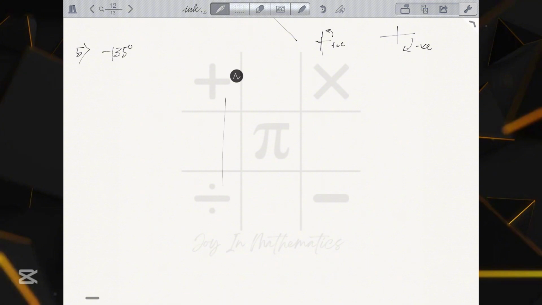Therefore, for minus 135 degrees, we start from the positive x-axis and move in the clockwise direction. So 135 degrees in the clockwise direction will lead us here. This angle is 135 degrees and it is in the third quadrant.